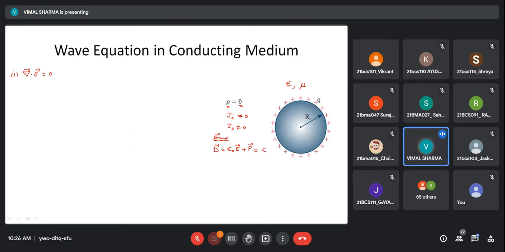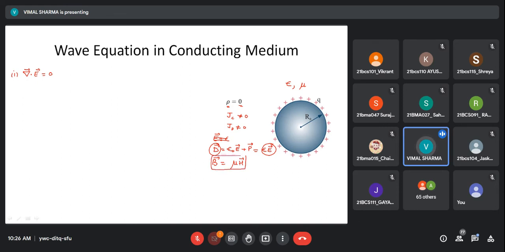But this I can write equals to epsilon times E. So this is a relation between electric displacement vector and E, and I can also write that B, the magnetic field intensity, is equal to mu times H.